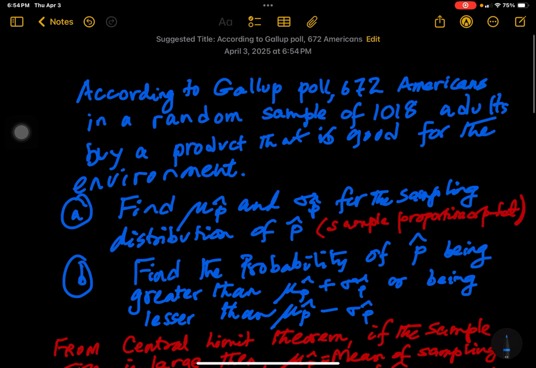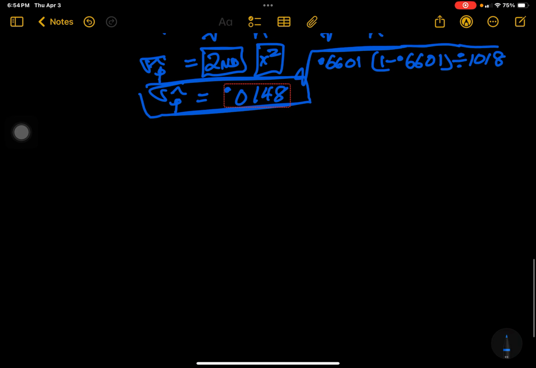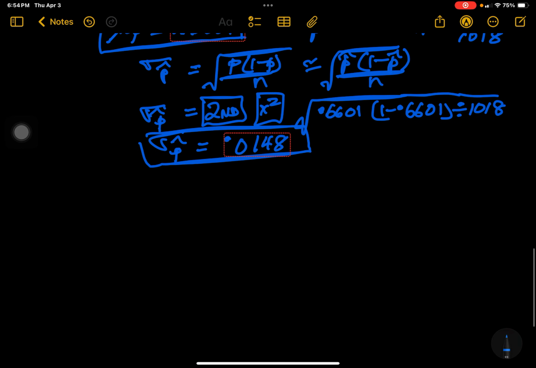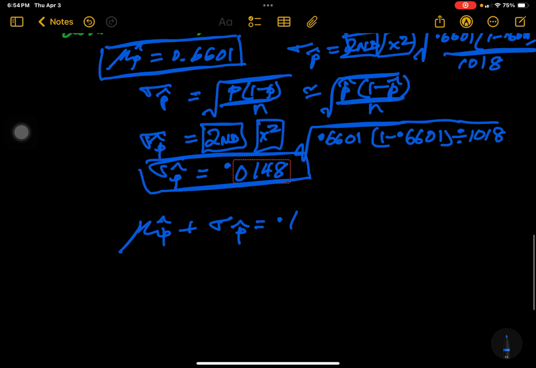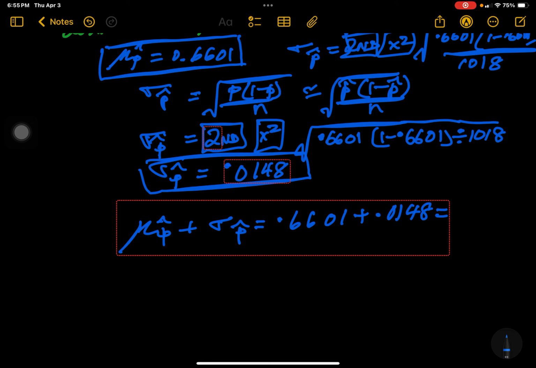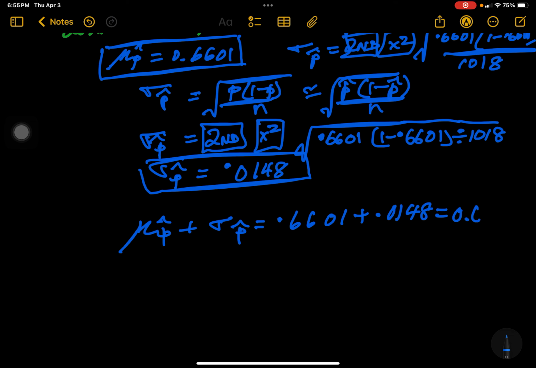So let's calculate, because we have to deal with mu p hat plus sigma p hat. That will be equal to 0.6601 plus 0.0148, which is 0.6749. Why am I calculating this?